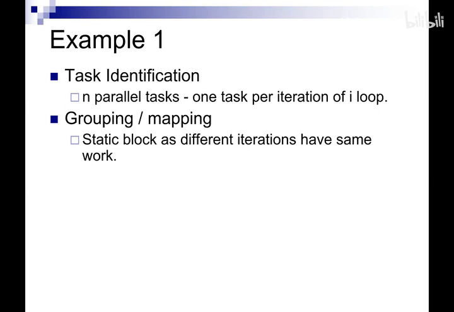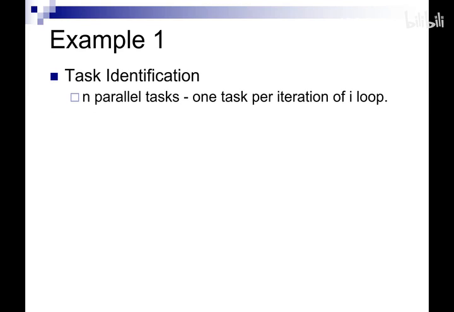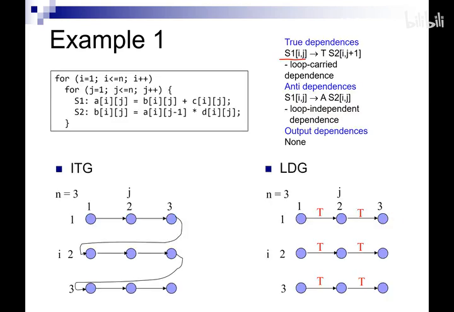So the next step is, once you have these tasks, we have n tasks, but you might have fewer than n processors. Let's say you have p processors. Then we need to map all of these tasks onto the processors, and one of our goals is to maintain load balance. Each task is just one of these rows, so it's all of the iterations of the J statement.